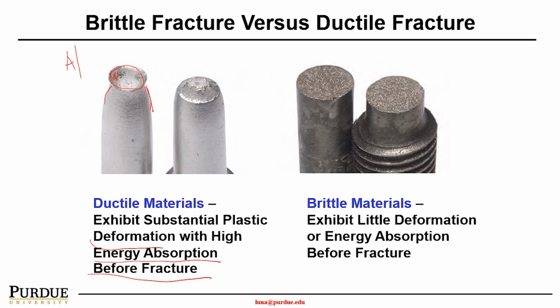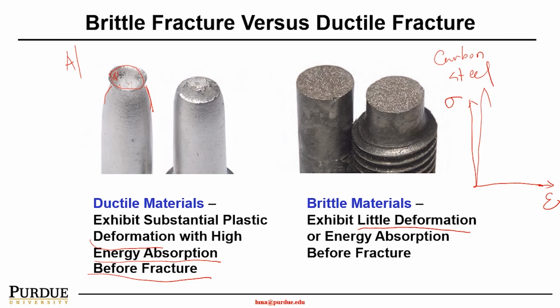On the other hand, for brittle material, such as carbon steel, if this is a higher concentration of the carbon steel, it's a very strong material, however, it's very brittle. In this case, the material has very little deformation. So if I look at the stress strain curve, recall in the previous lecture, this behavior would be like this.